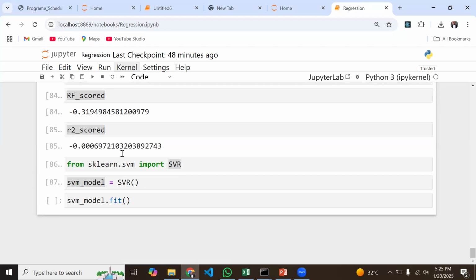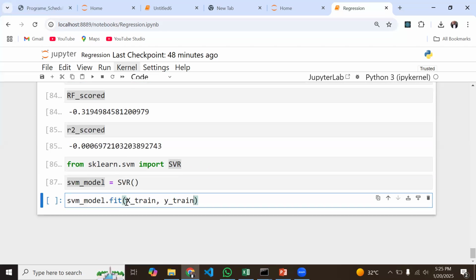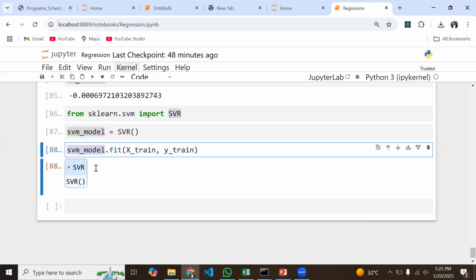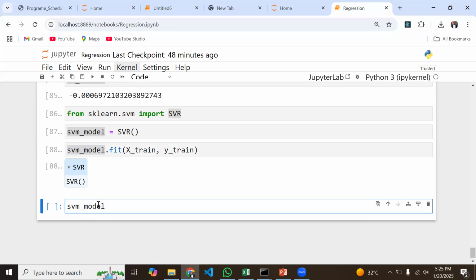So Control C, Control V over here. All right. So now let's do the prediction. So this model dot predict, and then we would want to predict using the X test. And let's call this SVM underscore prediction.